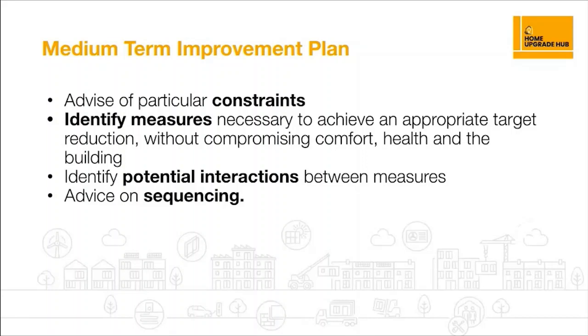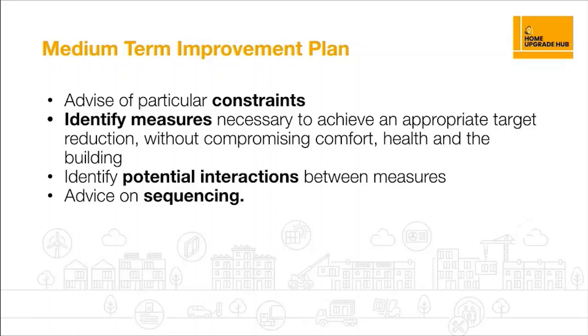It's about identifying particular interactions between measures. So if we're not doing everything now, how do we make sure that when we do come to do them, we can join them up and avoid some of those unintended consequences? And then it's also about advice on sequencing of measures. So knowing that some things are best done together and that some things that we do might make later additions more difficult or even impossible.